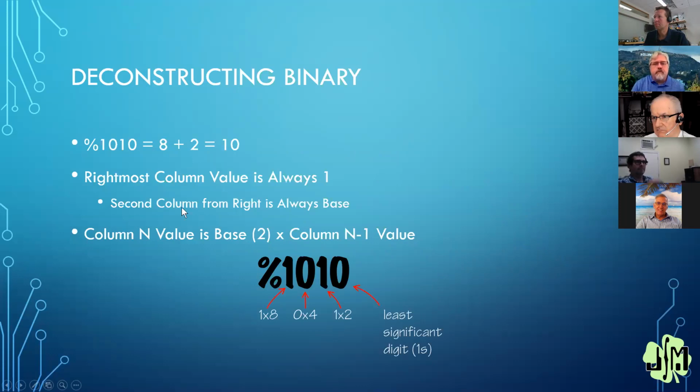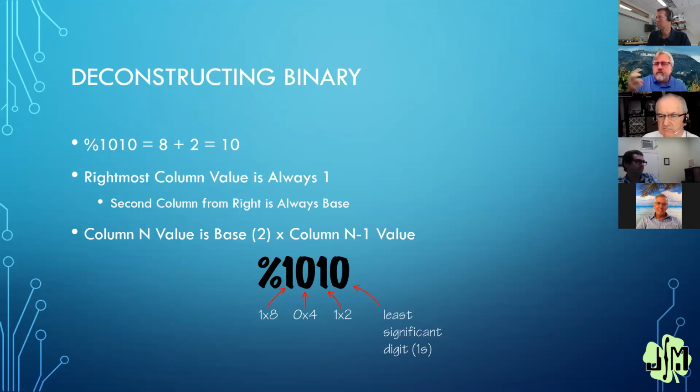So here, just as a review, is how we deconstruct that. Remember, the least significant digit column always has a column value of 1. So 1 times whatever the digit is. The next column, moving to the left, always is the value of the base of the system. Our base in binary is 2, so that's going to be 2. Everything else is multiplied by the base.